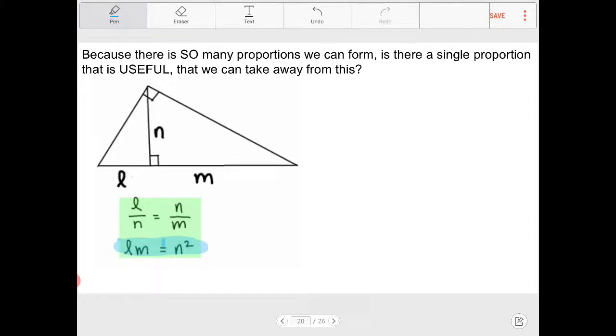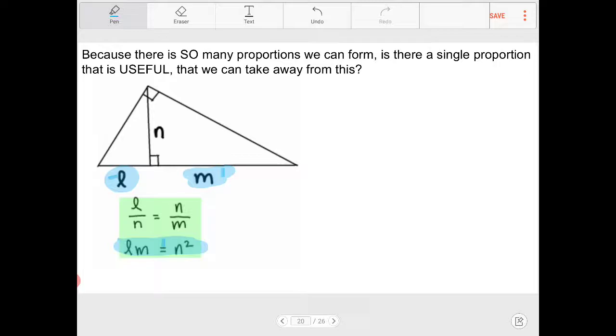So in other words, the partition of the hypotenuse formed by the altitude, the parts of that hypotenuse, if I take L multiplied by M, I will end up with the altitude of that triangle squared.